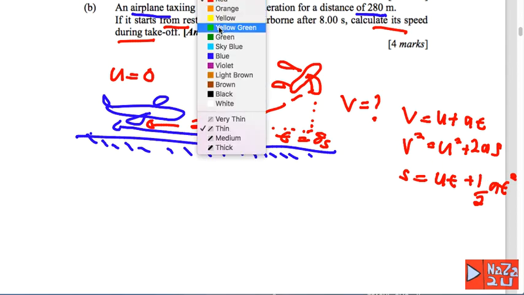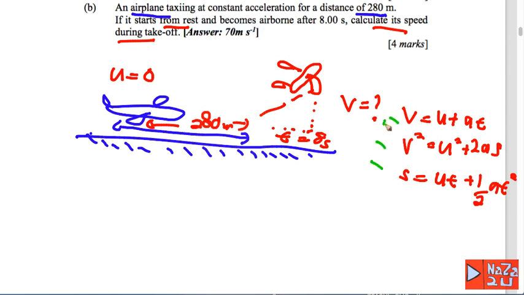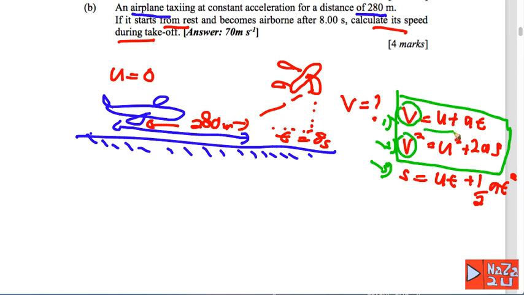So this is equation number 1, equation number 2, and equation number 3. To calculate the v here, you can use equations 1 and 2, or you can combine both equations. Let's use the first, because the question asks you to calculate the v here, so you can use the two equations.